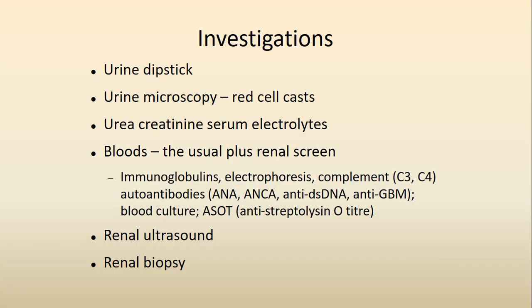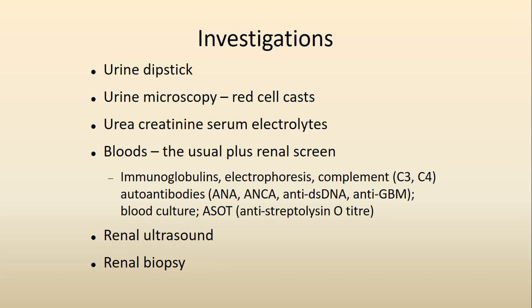Investigations: urine dipstick, as we discussed in the last chart, and urine microscopy to see the red cell count. Urea, creatinine, and electrolytes to see renal function; in acute kidney disease there can be electrolyte imbalance with hyperkalemia.